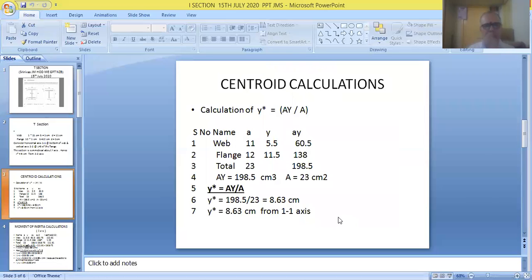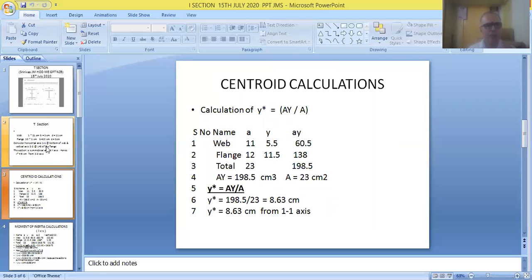So Y bar is obtained by taking the ratio of these figures. We need the value of sigma Ay and the value of sigma A. Therefore, we have calculated the values of A and Ay for all the components. Also, we have used Y values for all the components for getting the results.